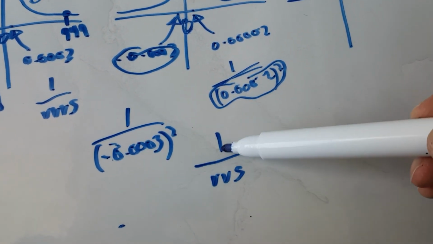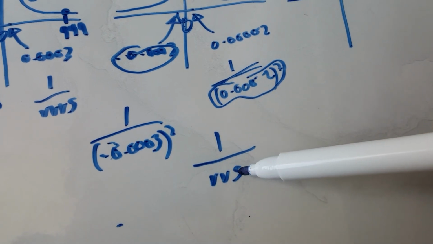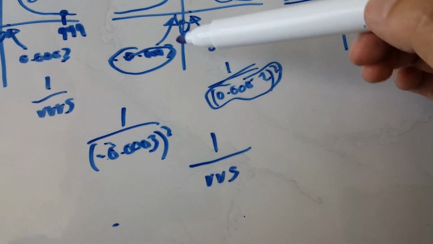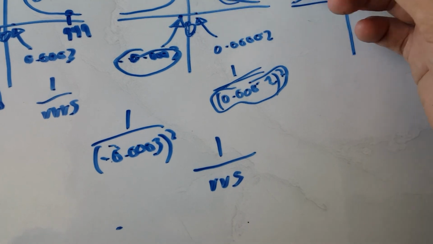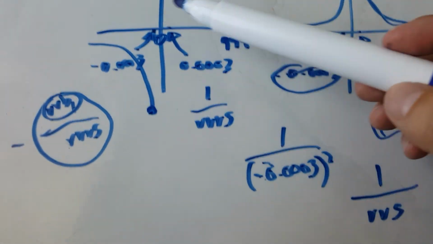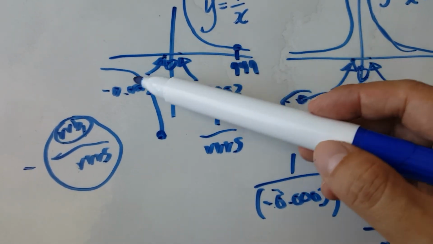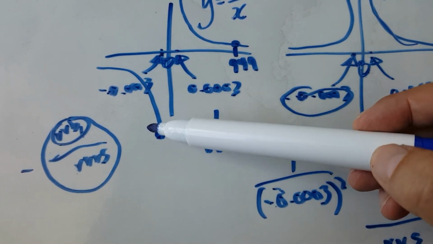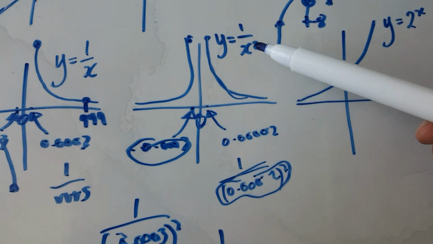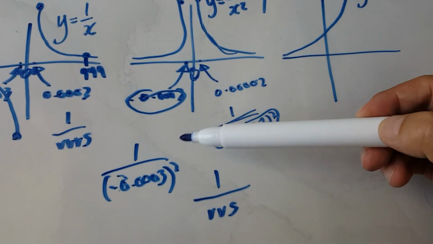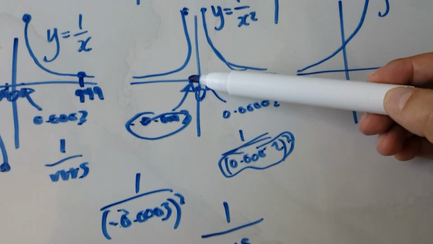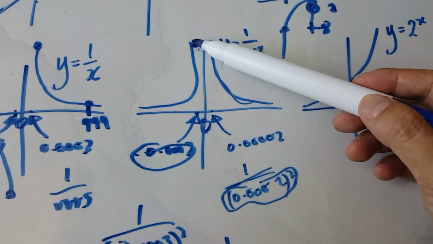So 1 divided by very, very small would be very, very big and positive, so it jumps up to here. You see, with 1 over x, on the negative side you've got a negative here, so it jumps all the way down here. But with x squared, you're squaring a negative, so the negative disappears. That's why it jumps to the positive.